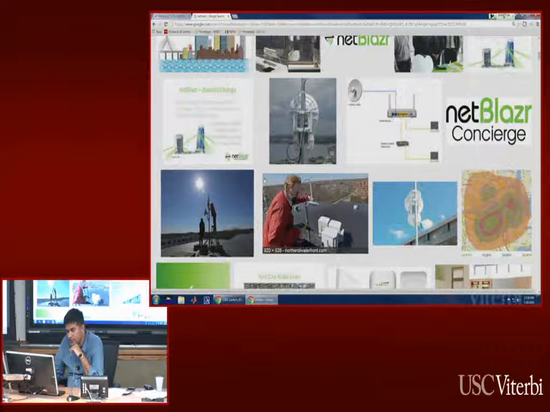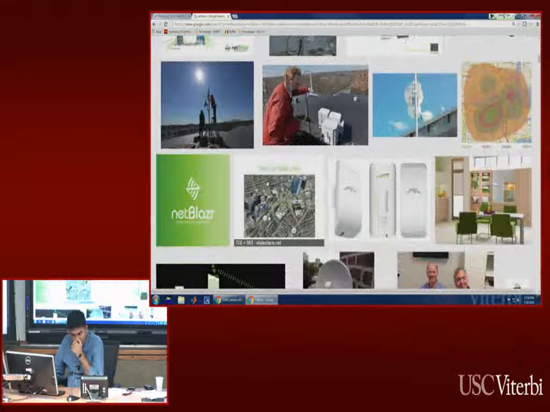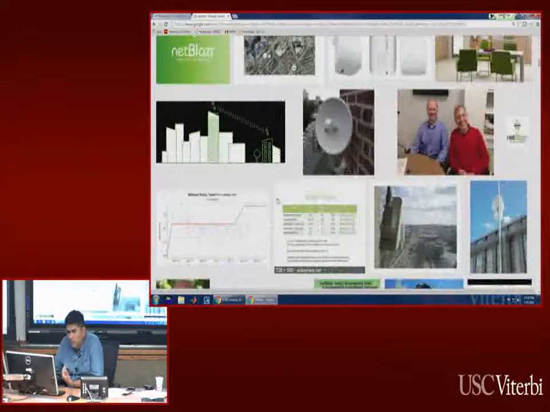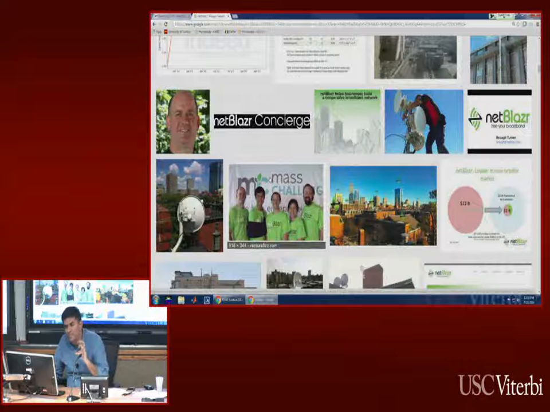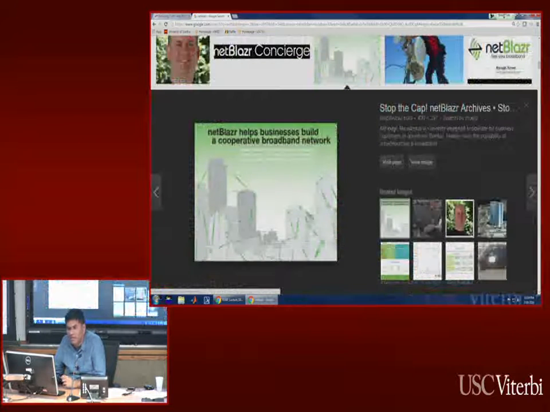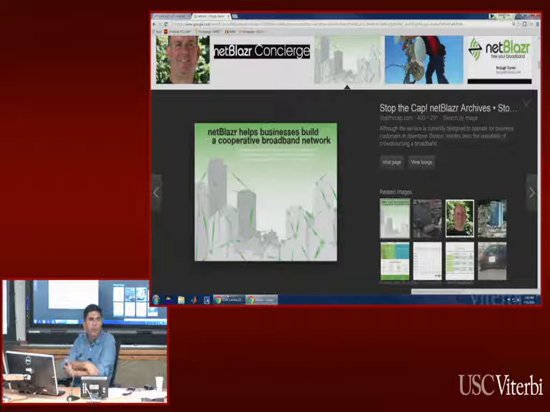They have a very interesting model also in that each building or business owner that deploys their system is paying for their own piece of equipment, but ultimately you create this cooperative broadband network where you get some of the resources, but you're also helping to build the network out and continue to act as a relay for other nodes in the network.